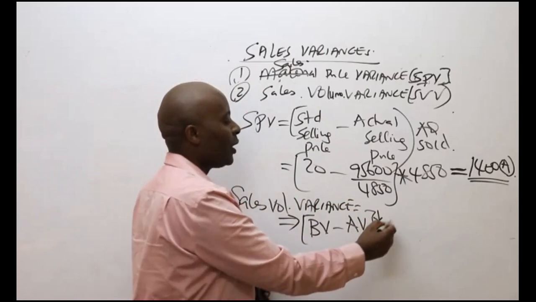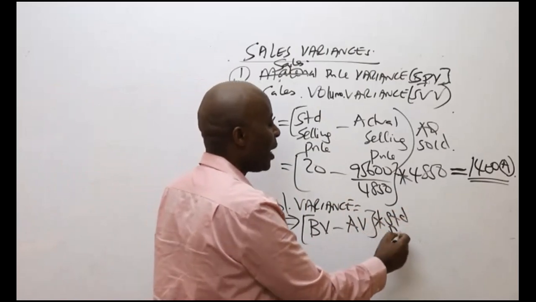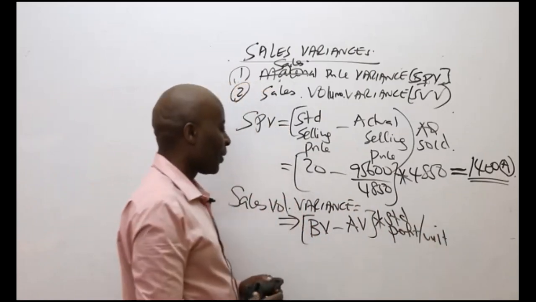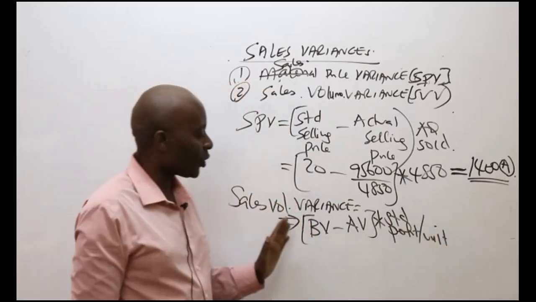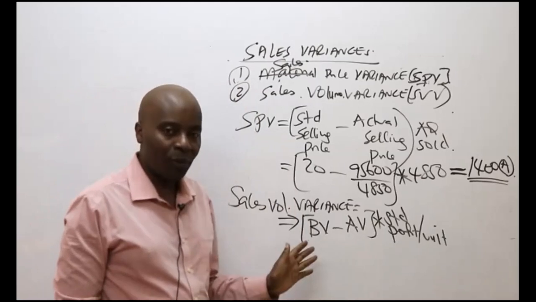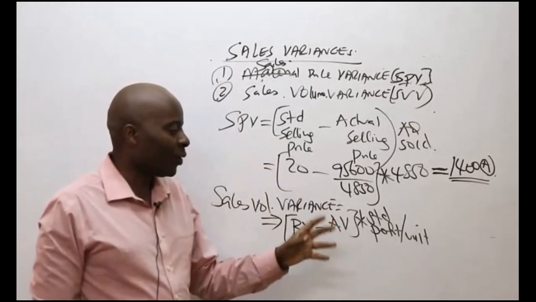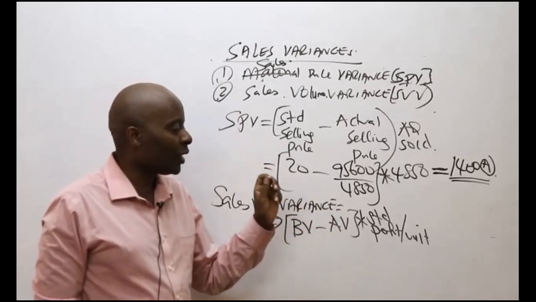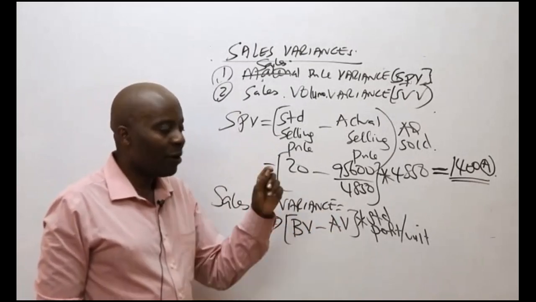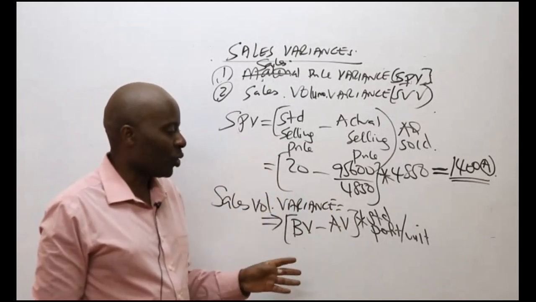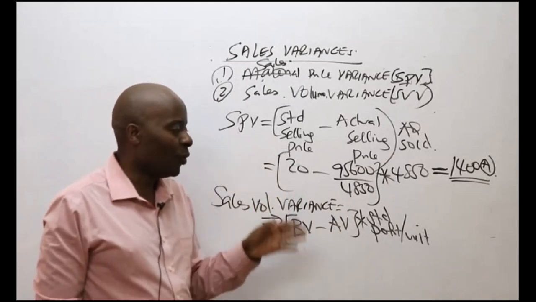And then outside here, we normally put the standard profit per unit. So we have budgeted volume minus actual volume times standard profit per unit.